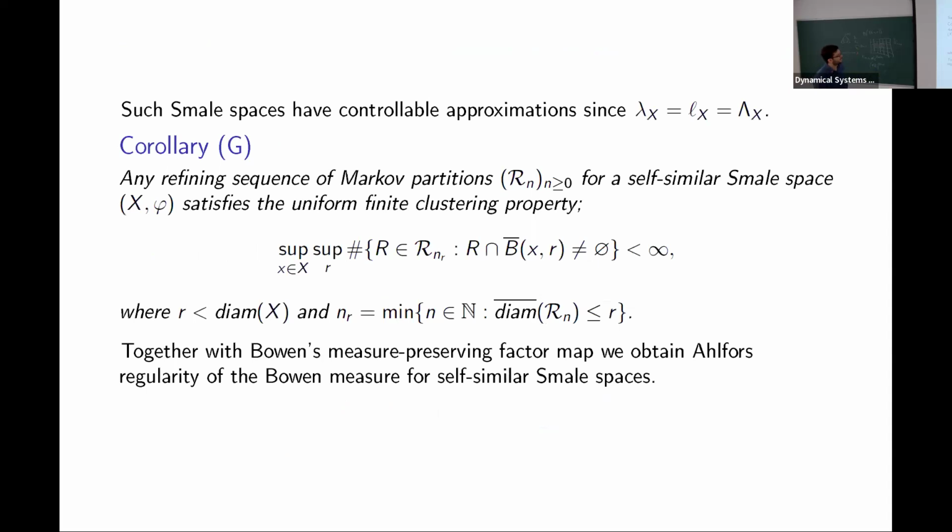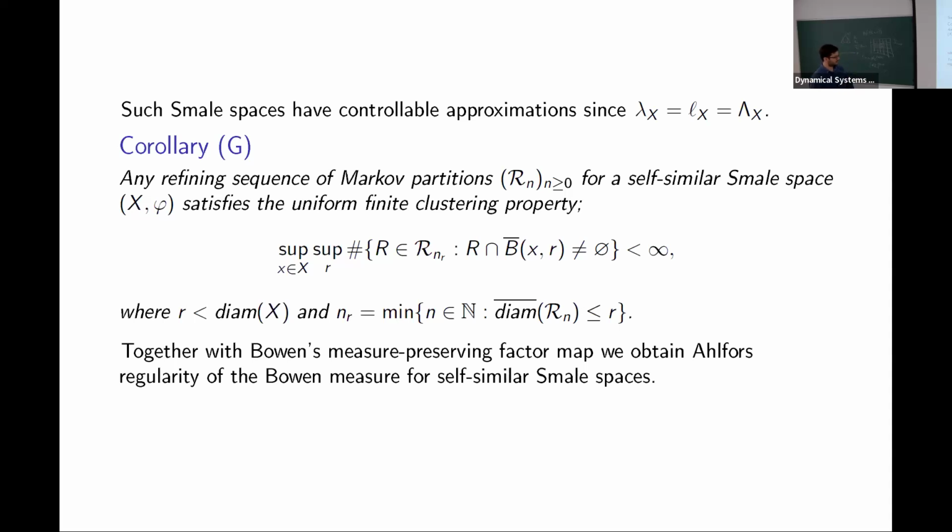Now, for Smale spaces equipped with these self-similar metrics, you can start with any Markov partition and each refining sequence that I described, and then you will have this uniform finite clustering property in the sense that I described before.